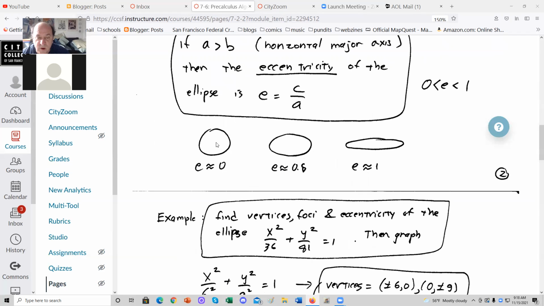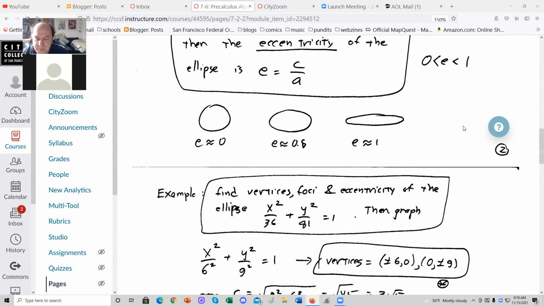In the case of a circle, the foci are identical and at the center, and so e is close to or at 0. Here, 0.8 is a little stretched out. Then we're very, very stretched out as it approaches 1. For it to be perfectly equal to 1, it would have to collapse to a line.